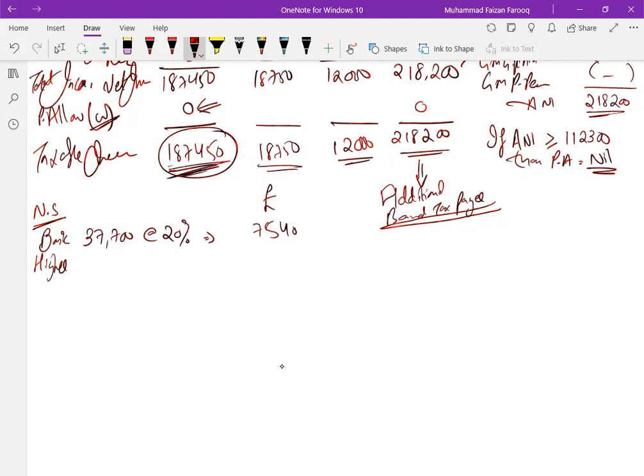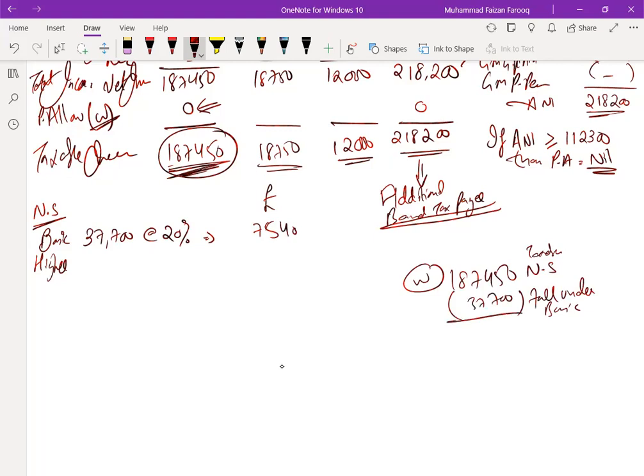Just use the calculator. 187,450 minus, just a working, 187,450. This is my taxable non-savings income. Fall under the basic band 37,700. So how much is left? 149,750. This is left.